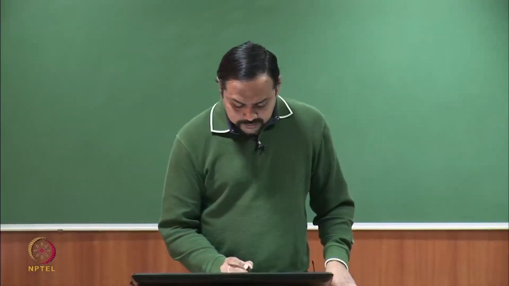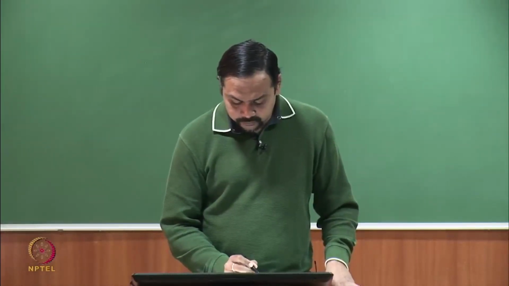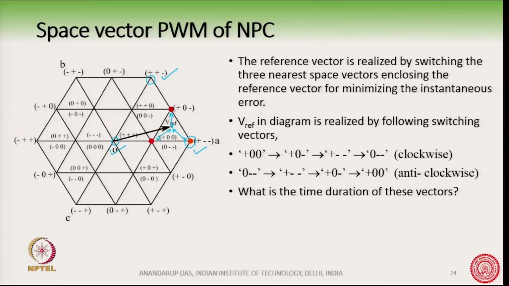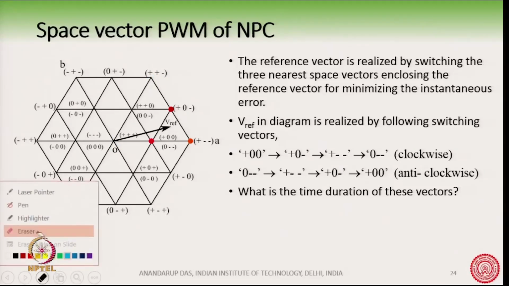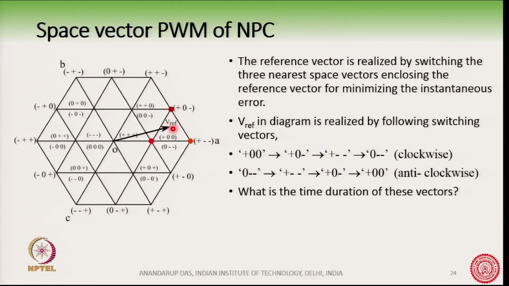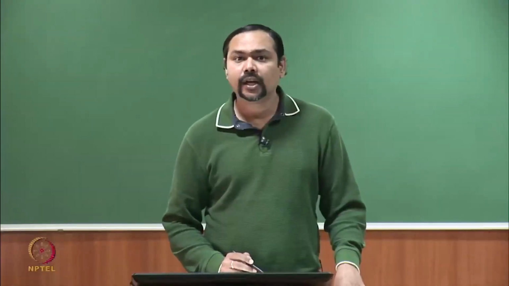So, in this case, suppose we are switching these three vectors, then how will we switch it? Let me rub the instantaneous error off. If Vref is here and we are switching these three vectors, then which are the switching states we are using?